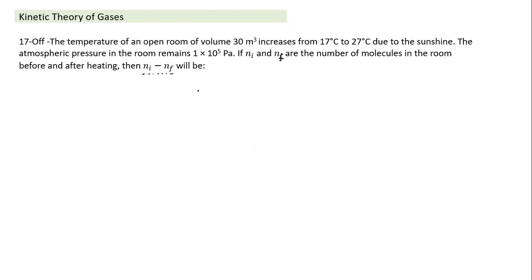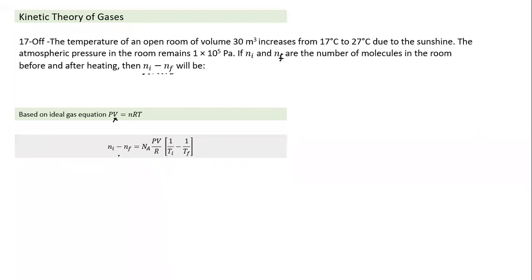How do we solve? Very simple. Anything related to this is based on the ideal gas equation, PV is equal to nRT. So in this case, what has changed here? Volume has remained not changed here. The value of n you can easily find out. So what will Ni and Nf be equal to?